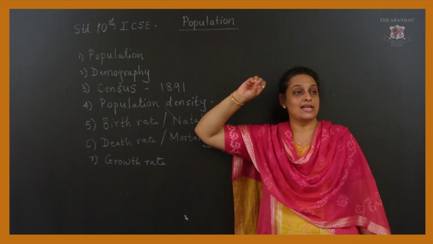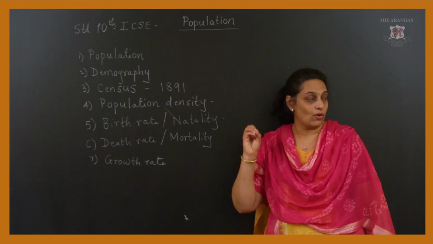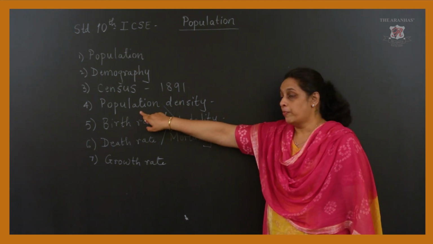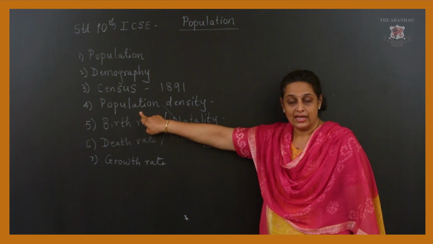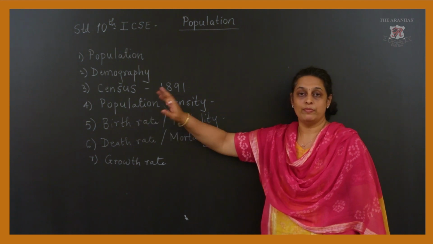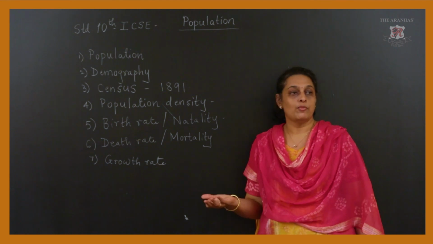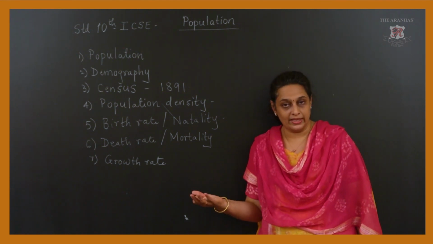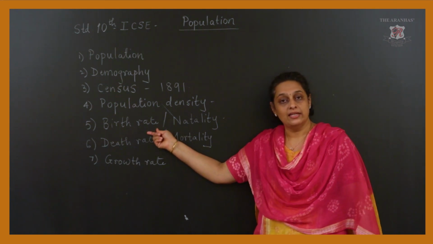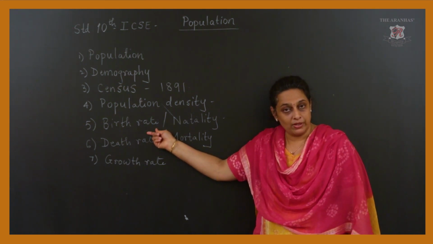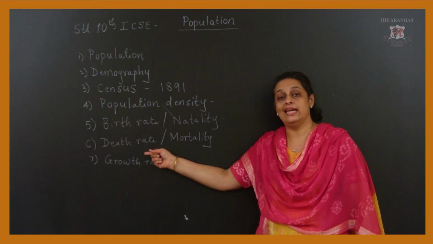Then census is actually counting the individuals and maintaining that record. Population density is nothing but how many people are living in a particular area. So, based on that there can be a thickly populated area or the population density can be very, very thin in a given area.